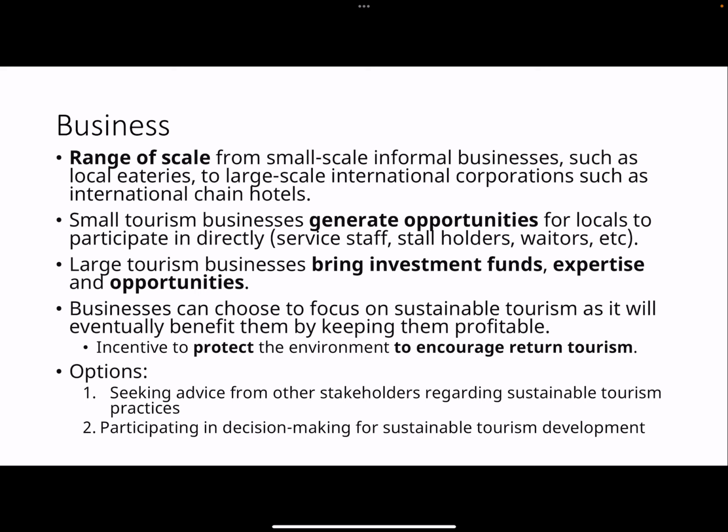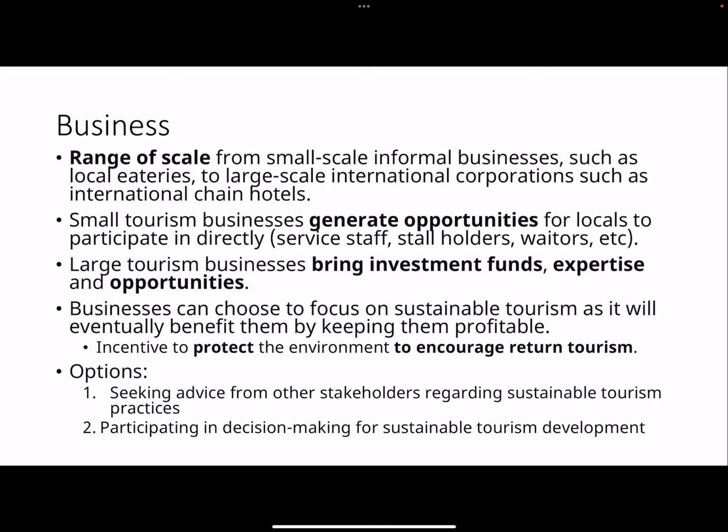Okay, but if you are the larger businesses, MNCs, that come in to a particular location to do tourism segment development, you will bring in funds, investment funds, expertise from overseas, and bring in even more opportunities for peripheral tourist industries.